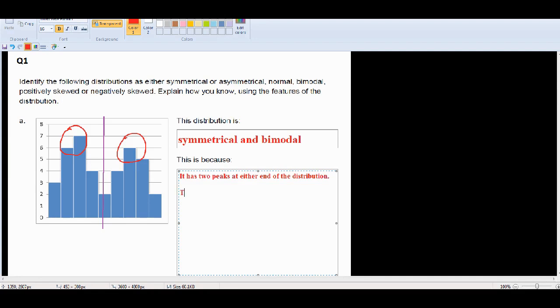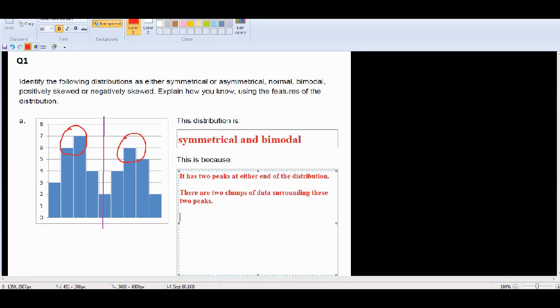Okay, and also there are 2 clumps of data surrounding these 2 peaks. Alright, so that's the second observation.